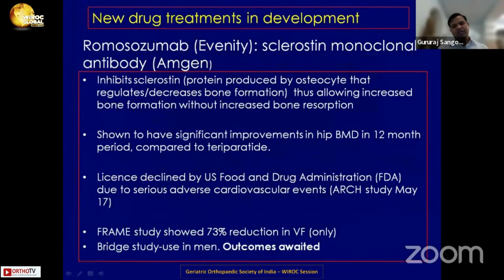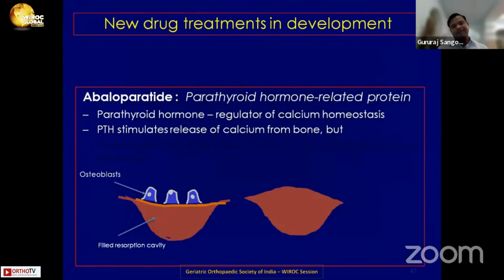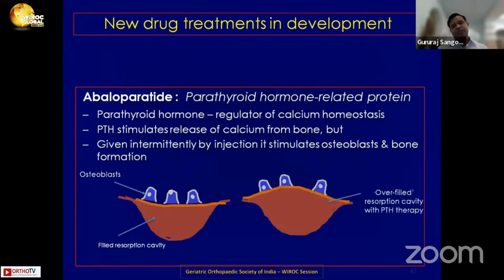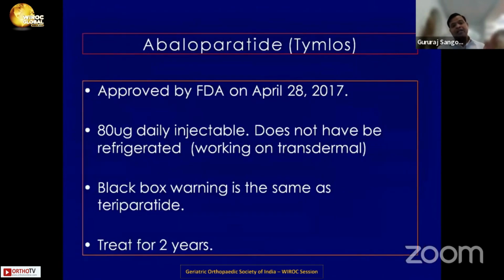We have newer drugs, that is romosozumab, which has better BMD values than teriparatide and bisphosphonate alone. And then the recent drug in the market, abaloparatide, which was approved by the FDA for treatment of osteoporosis in 2017, and this is going to be in the Indian market soon.